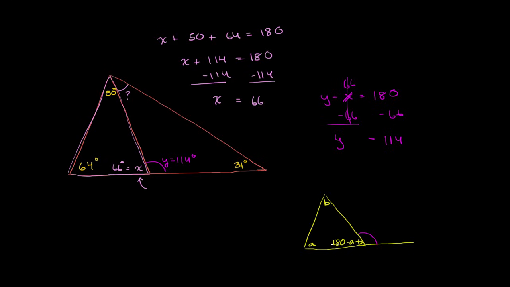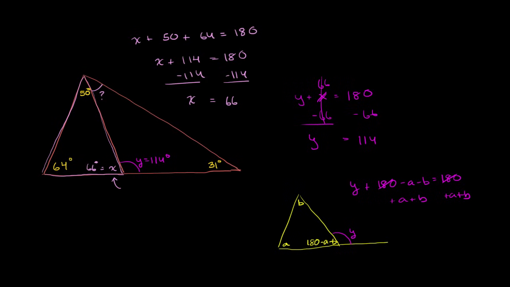So this angle plus 180 minus a minus b is going to be equal to 180. So if you call this angle y, you would have y plus 180 minus a minus b is equal to 180. You can subtract 180 from both sides. You can add a plus b to both sides. Running out of space on the right-hand side. And then you're left with, these cancel out, on the left-hand side, y, and on the right-hand side, a plus b.